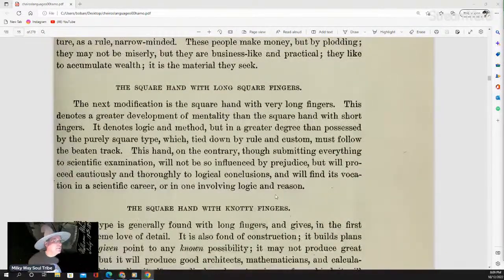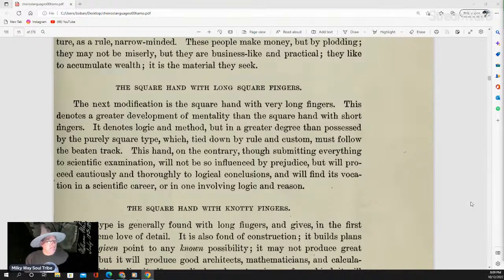The square hand with long square fingers. The next modification is the square hand with very long fingers. This denotes a greater development of mentality than the square hand with short fingers. This denotes logic and method, but in a greater degree than imposed by the purely square type, which, tied down by rule and custom, must follow the beaten track.